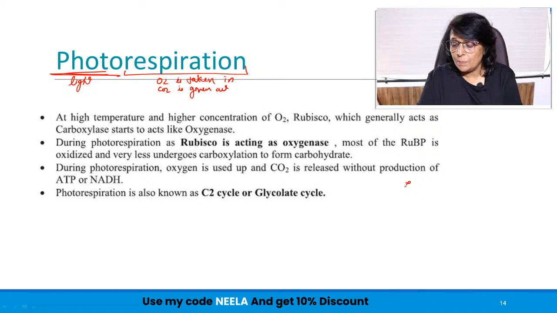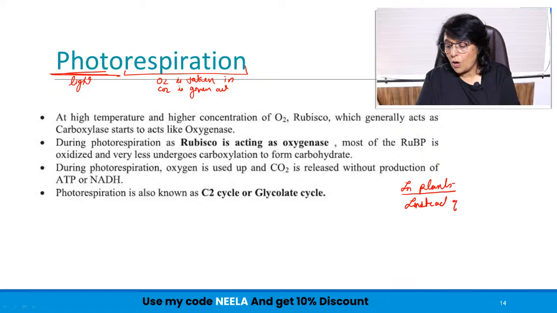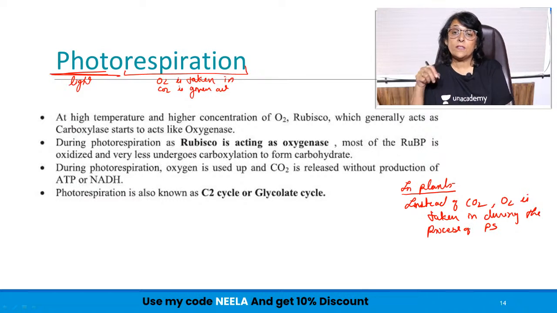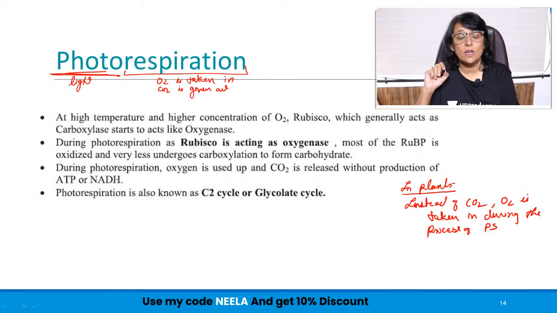So in plants, sometimes what happens is, instead of carbon dioxide, oxygen is taken in during the process of photosynthesis, and because it is similar to respiration, we call it photorespiration.